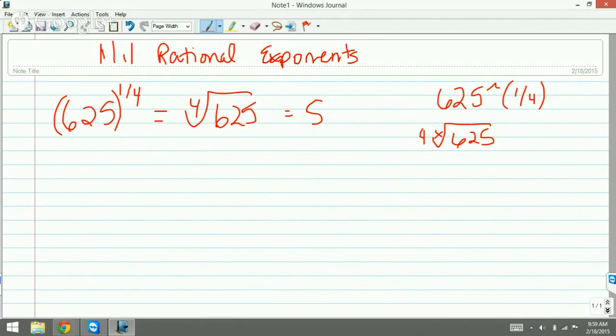I'll go up to there. 4 cubed is 64, and then 5 cubed is 125. So know those up to those boundaries without a calculator. But that one I would probably put on the calculator friendly part of the test.